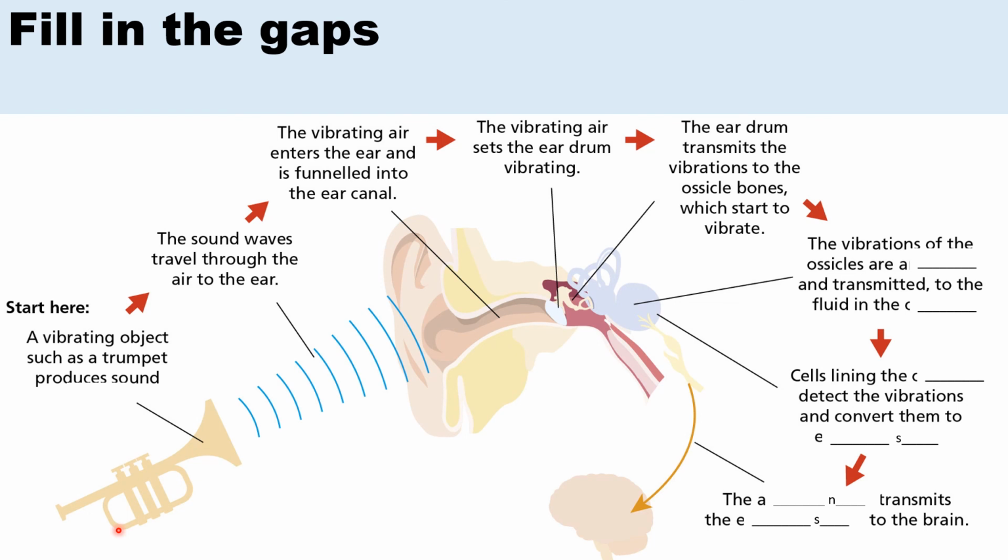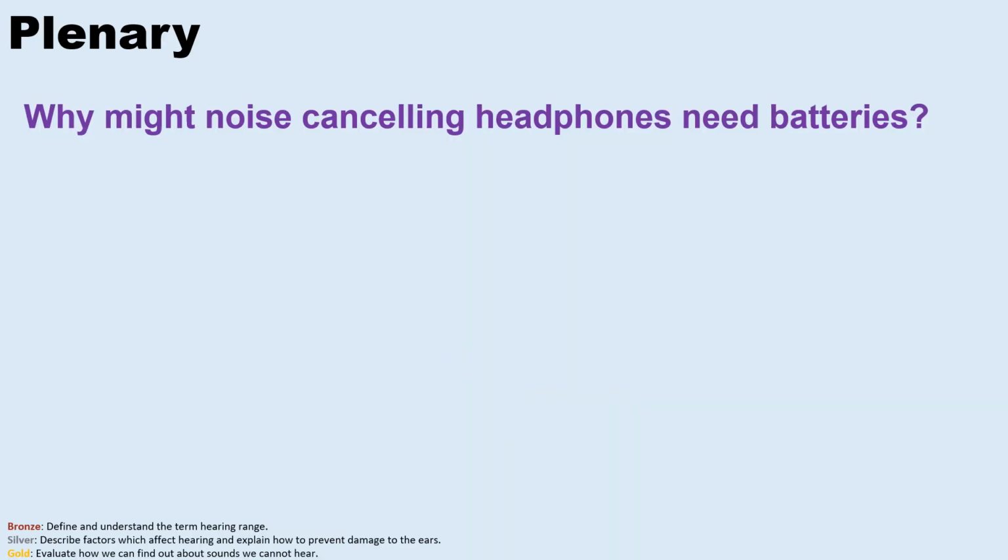The vibrations of the ossicles are amplified and transmitted to the fluid in the cochlea, and the cells lining the cochlea detect vibrations and convert them to electrical signals, and the auditory nerve transmits the electrical signals to the brain. So that is how you will hear sound from something outside, and your brain will pick it up eventually through your ear.